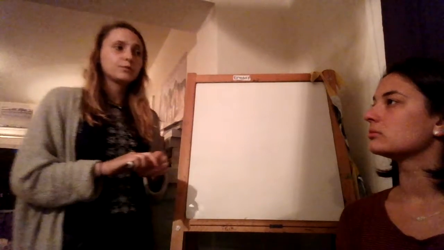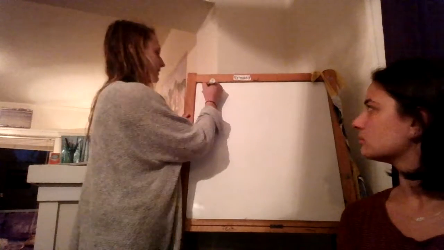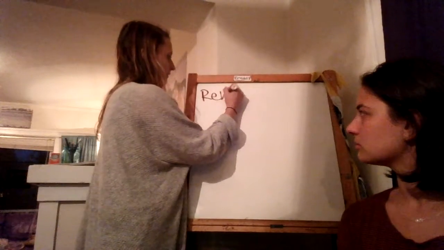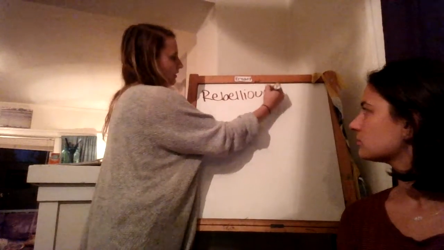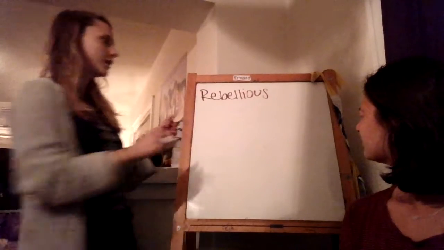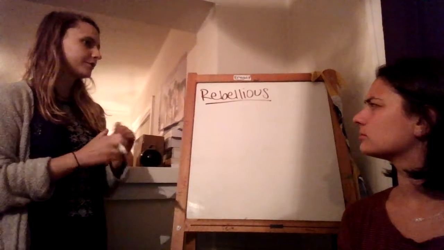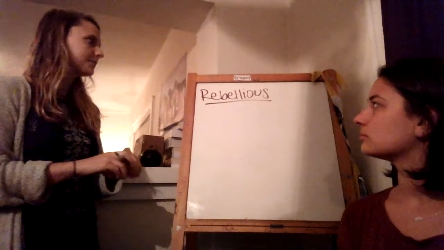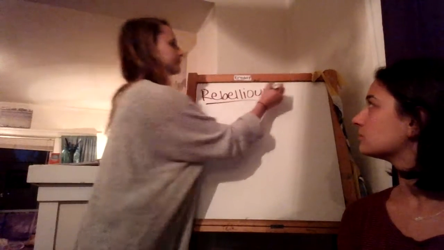So we're going to practice with the word rebellious. And you all have pictures to help you with the word rebellious because you might not be super familiar with this word.